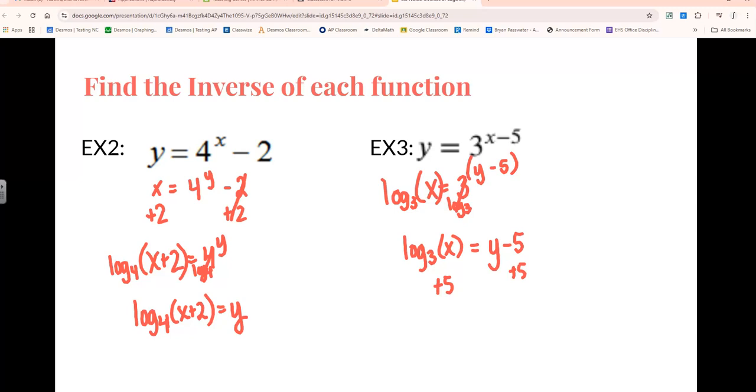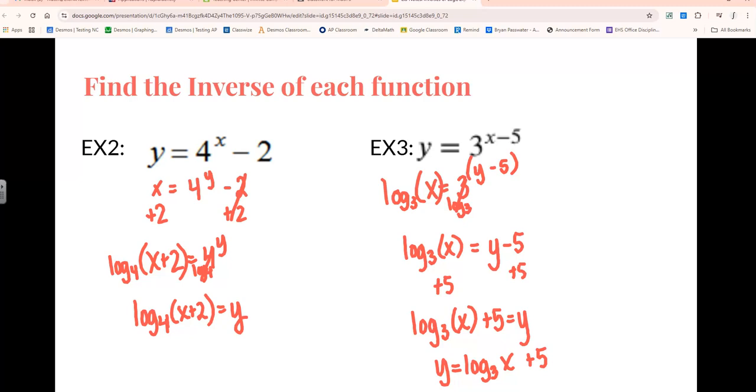Because you're doing this after you have logged this stuff. So that's one reason I like putting the parentheses there, to be very clear that that 5 is not included in the parentheses. You also can write it this way. It is still correct, log base 3 of x plus 5. If you don't have parentheses, it is assumed that the only thing that goes with the log is what is right behind it.